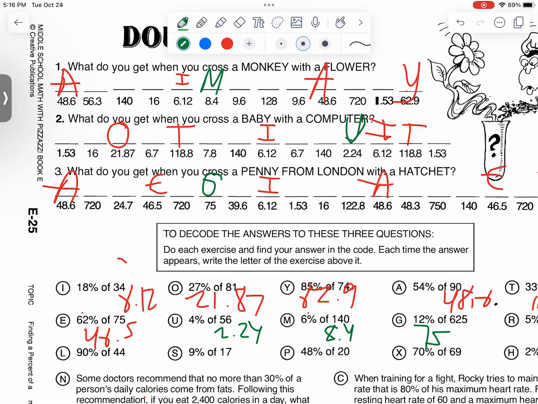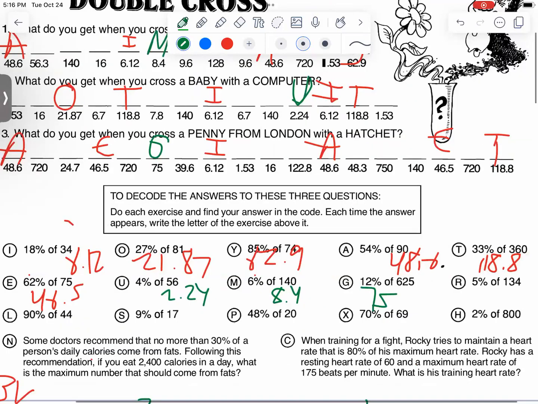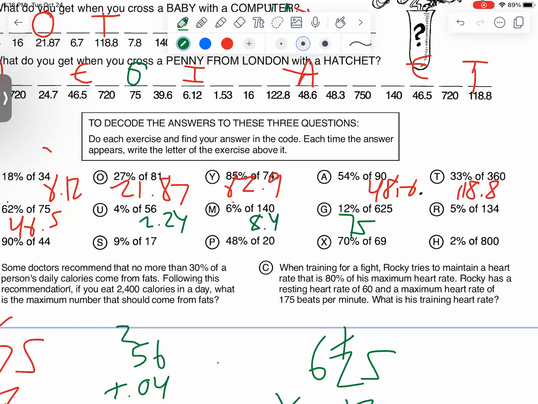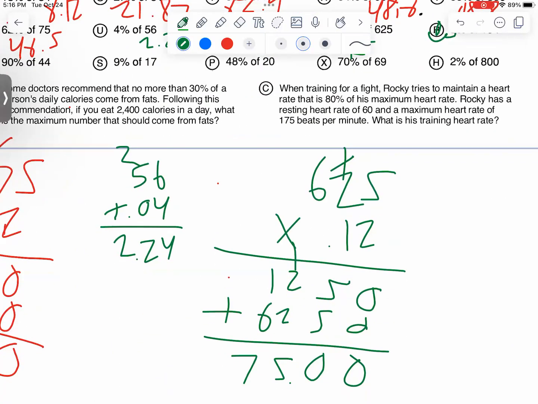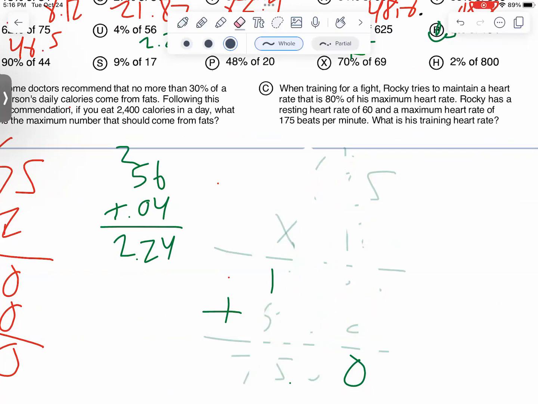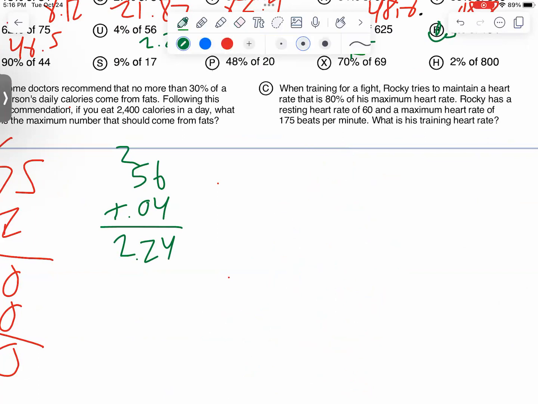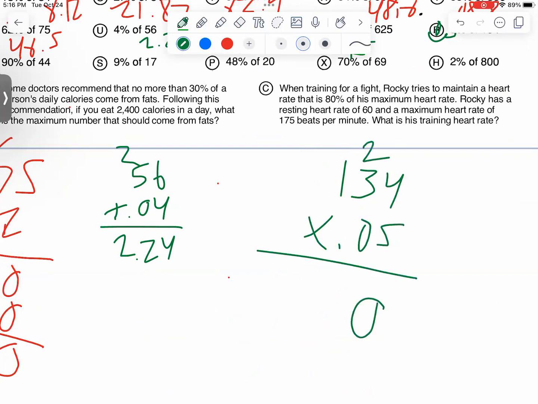And that's it. All right, 5% of 134. Same idea here. Move it over 2. So you got a 0 there. So 134 times 0.05. 134 times 0.05. So 4 times 5 is 20. 5 times 3 is 15, and 2 is 17.